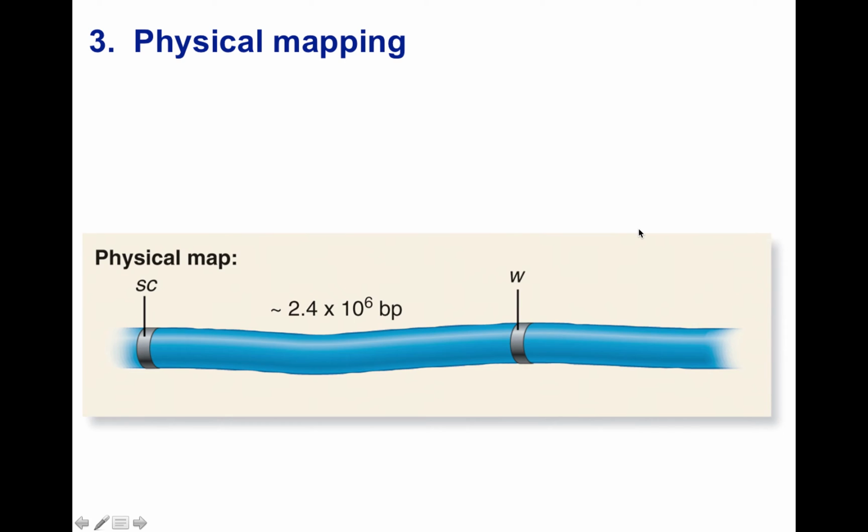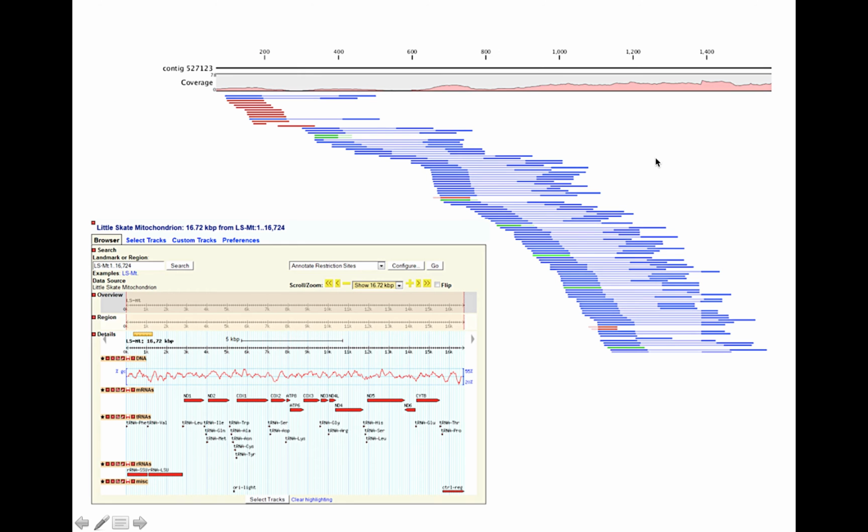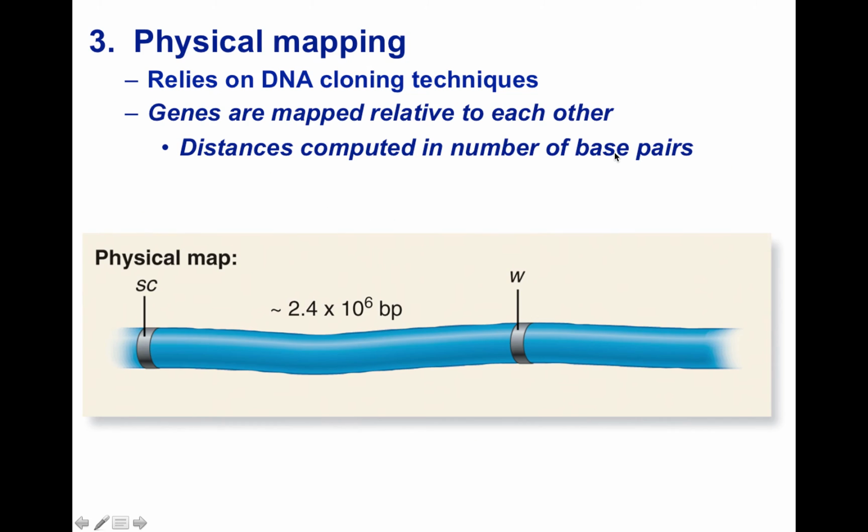What about physical mapping? Physical mapping relies on DNA, actually not cloning anymore, but sequencing techniques. The genes are mapped relative to each other based on base pairs, the actual number of base pairs.